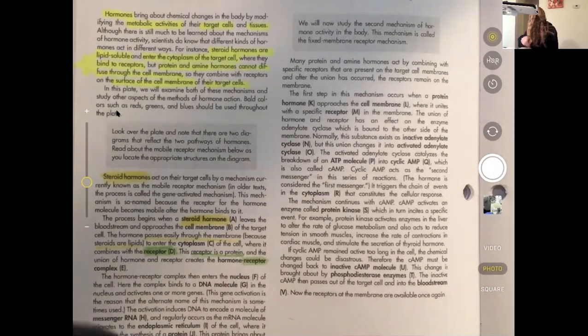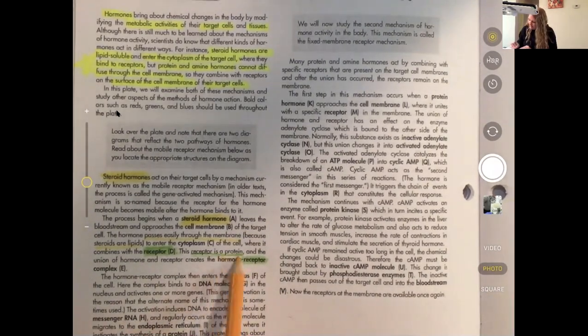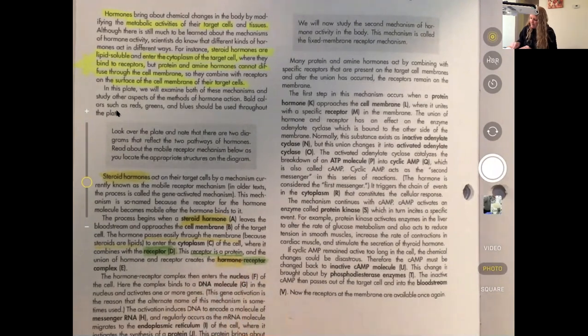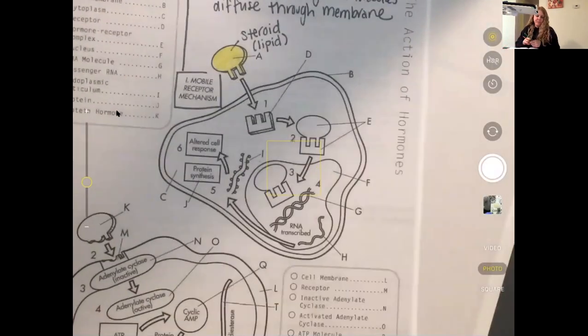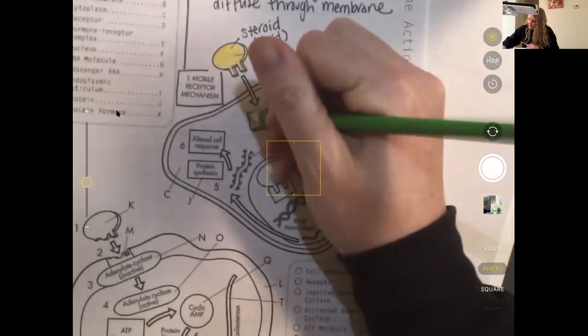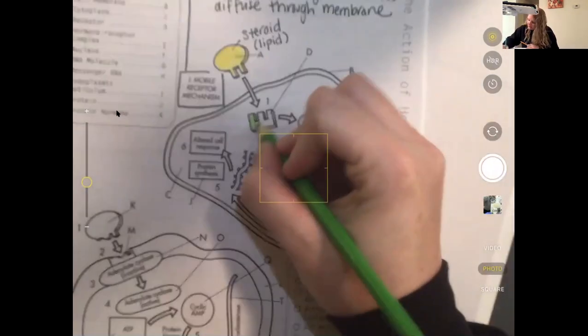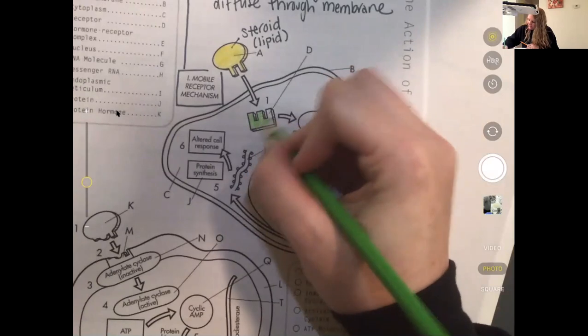So we've seen stuff like this before. This is similar to an enzyme and its substrate fitting together. In this case, it is a lipid and a protein that fit together to form a complex. So let's go check that out in the diagram here. So here is our intracellular receptor.